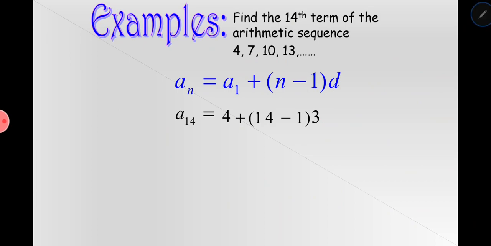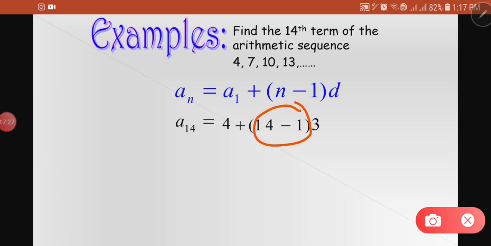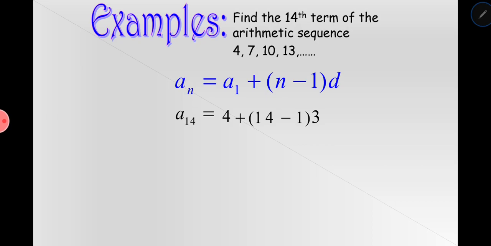Okay, so again, by the rule of PEMDAS, uunahin natin si parenthesis, yung nasa loob ni parenthesis. So 14 minus 1, we have 13. So again, PEMDAS, parenthesis, exponent, multiplication, division.